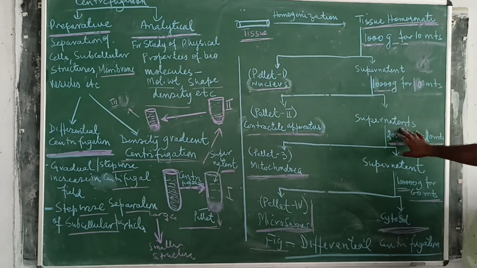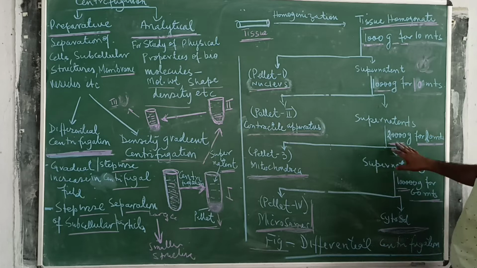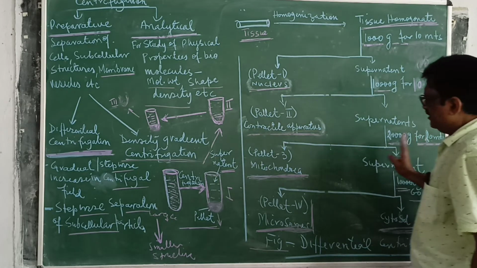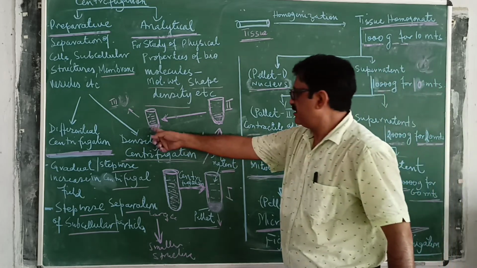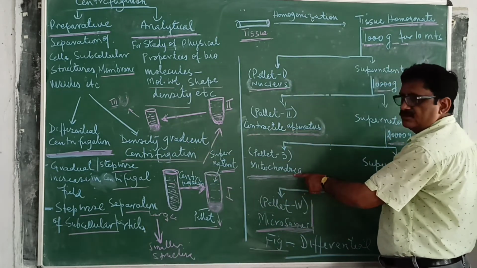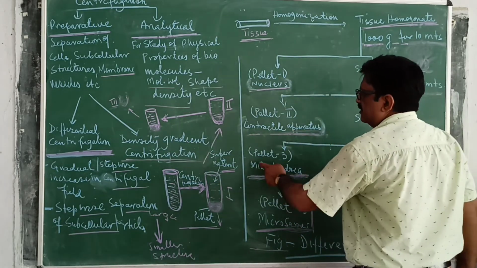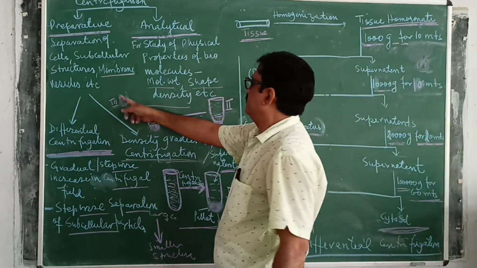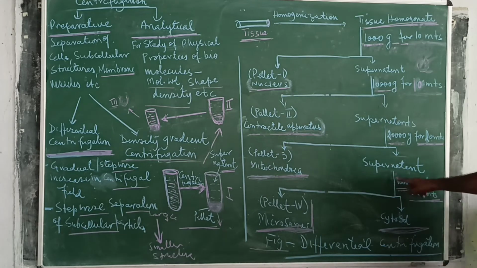This supernatant is again centrifuged at 20,000 G for 20 minutes, resulting in the formation of the third pellet, the mitochondria. The supernatant is collected in another test tube and subjected to very high centrifugation of about 100,000 G for 60 minutes.